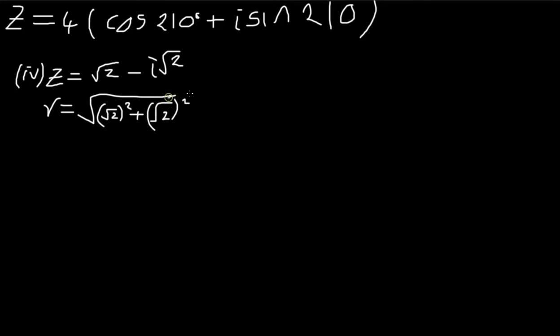Root 2 squared will give you 2. This square and this square root will cancel. Then plus, even here root 2 squared will give you the same 2. So 2 plus 2 there, you get the square root of 4, which is just 2.